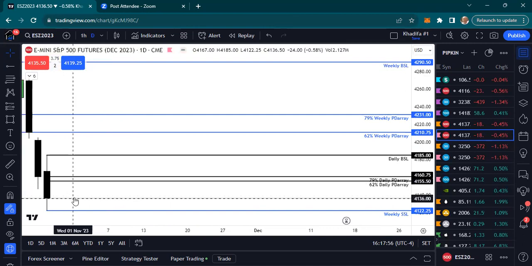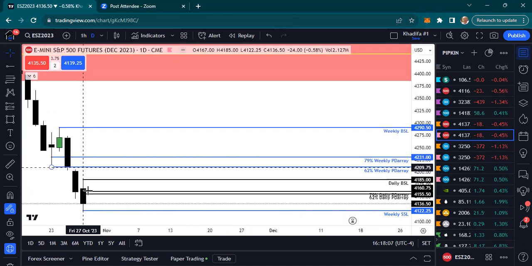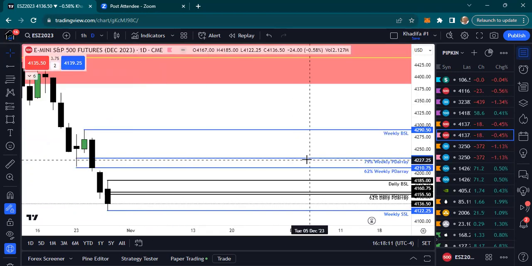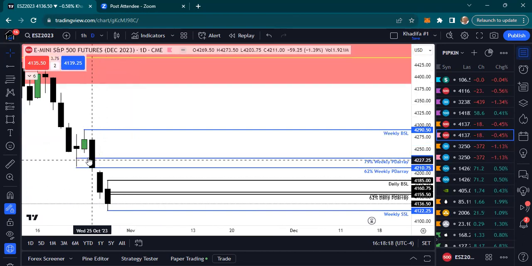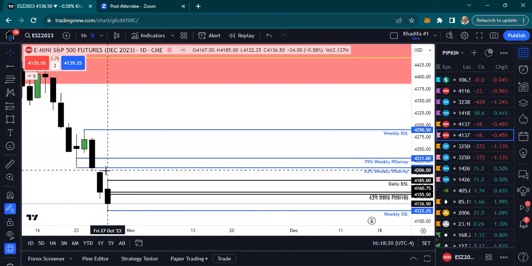I will allot for us to pull back up into the daily premium PD array, right? I do not want to see us close above the daily buy side liquidity. If we do, I expect us to run up into the weekly premium PD array levels. And if we get up into those levels, I see this daily fair value gap, right?